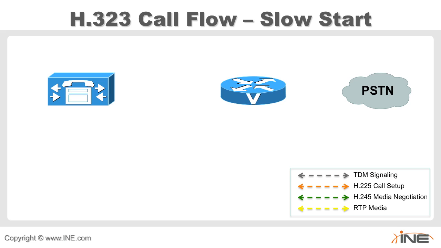Green represents my H245 media negotiation in H323, and yellow represents my RTP media. So to begin with, the call setup occurs, and it could occur in either direction. So next, the known as the originating gateway, or OGW, and this would be known as the terminating gateway, or TGW. So the terminating gateway is going to send back the call proceeding.